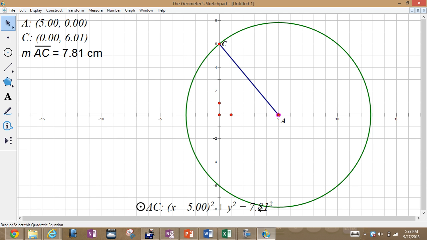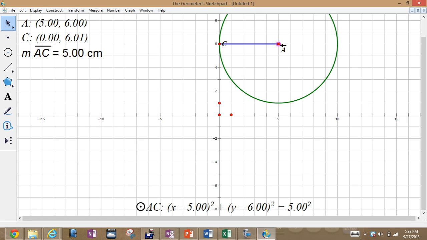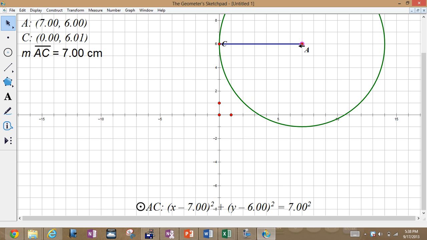Or if I said to you, here is a circle, let's say we could do this. Let's put it right here. Stretch it out a little bit. So we can obviously see here is a circle of radius 7 whose center is at 7, 6.